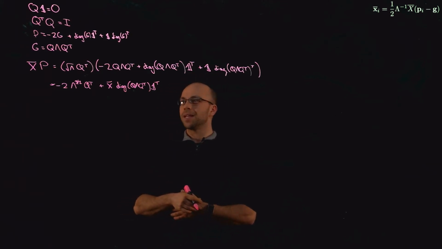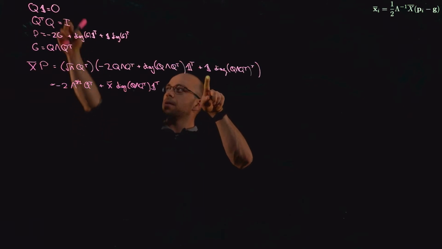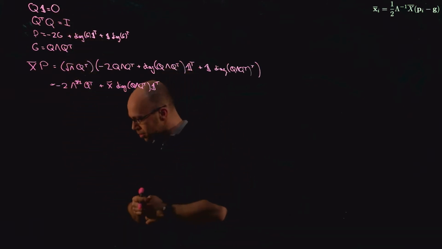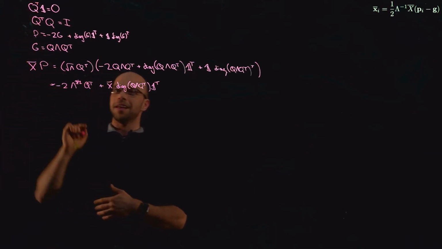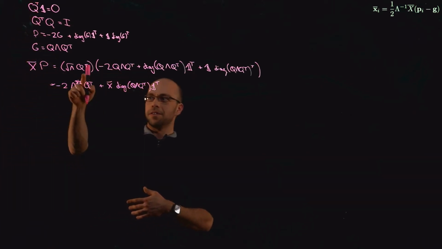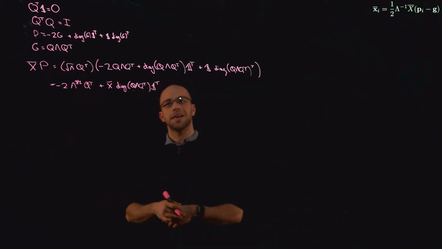Not a whole lot we can do about that. And then finally, we have Q transpose times 1, which is equal to 0. Oh, my apologies. I should have written that because remember that X bar has a Q transpose in it. Sorry about that.